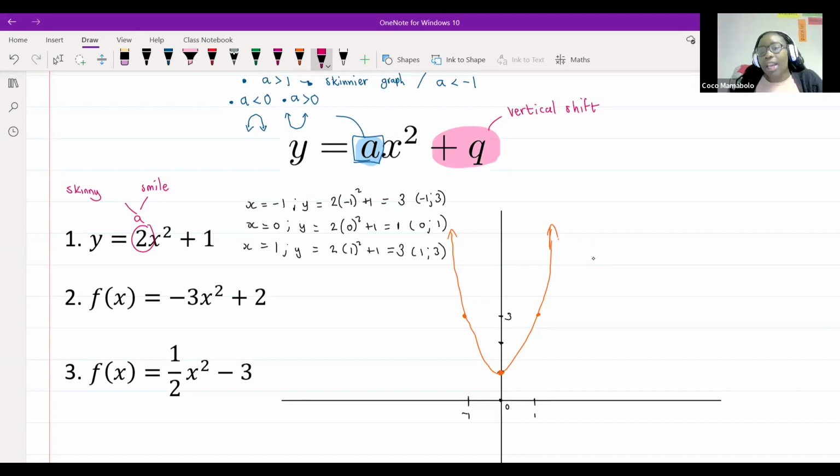But we need to remember, guys, if Q is greater than 0, which means it's positive, my graph shifts where? Up or down? If it's greater than 0, that means it's positive. My graph will shift up. And if my Q value is less than 0, which means if it's negative, my graph will shift down.